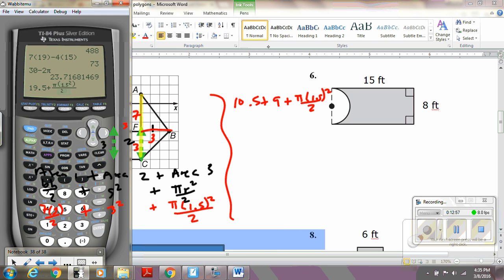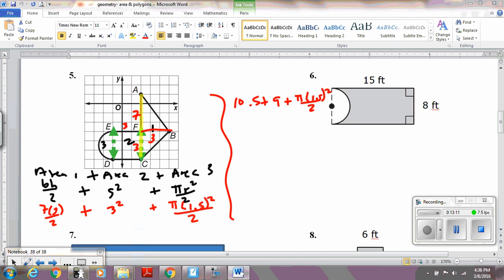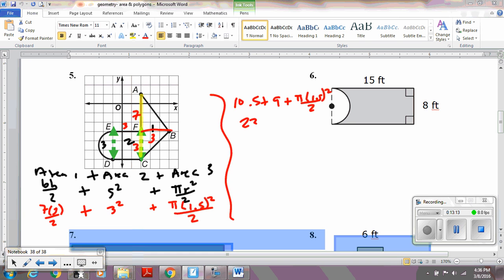So this is what it looks like. Now I'm going to hit enter, and you get roughly 23.0. So it's 23.0 units squared.